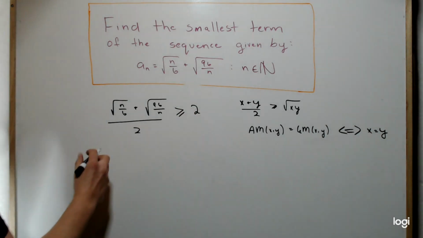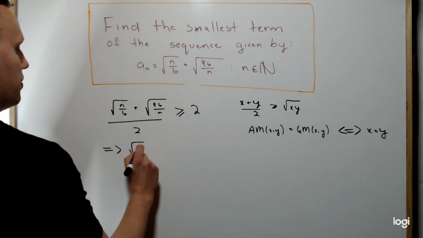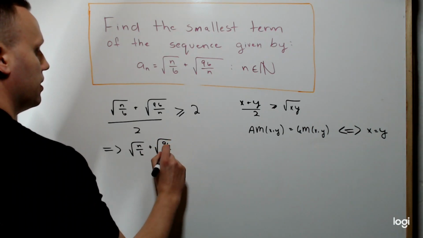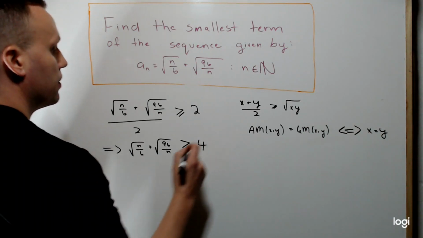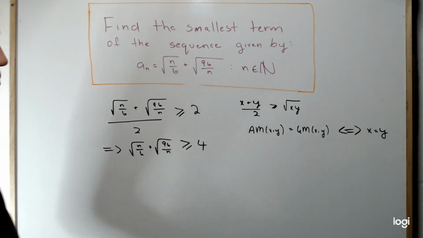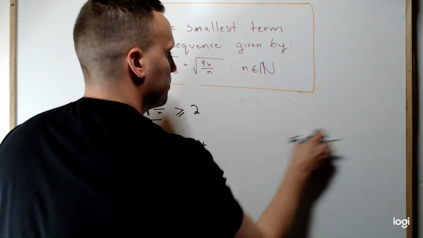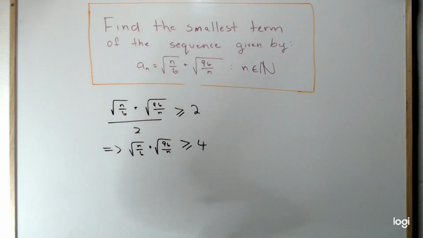And what this gives us is that the sequence itself, the square root of n over 6 plus the square root of 96 over n, is bounded below by 4. So that doesn't finish the problem yet, because it's bounded below by 4, but can it actually equal 4?